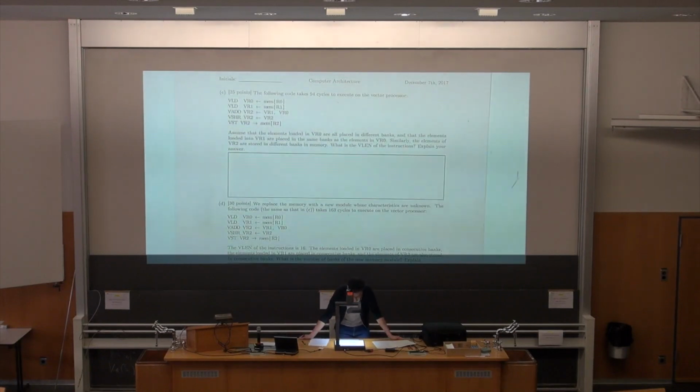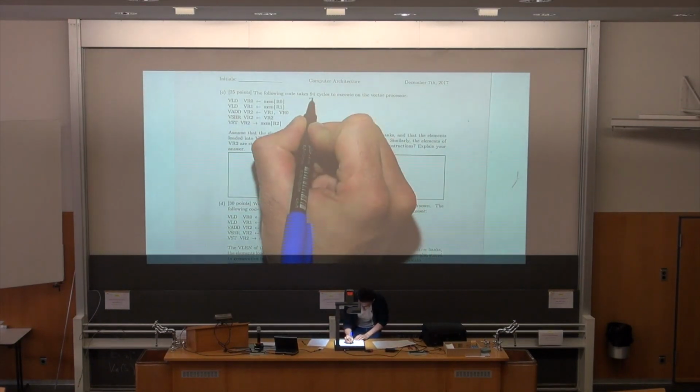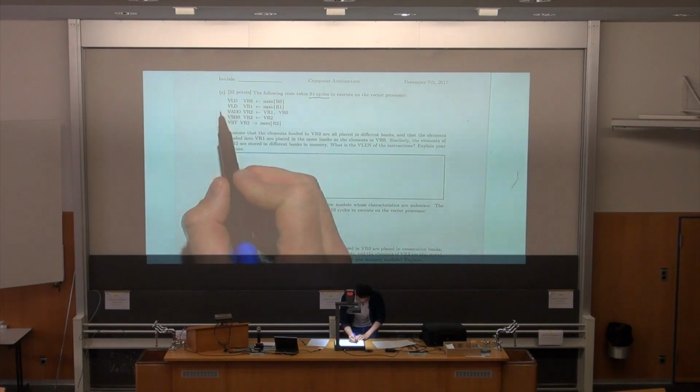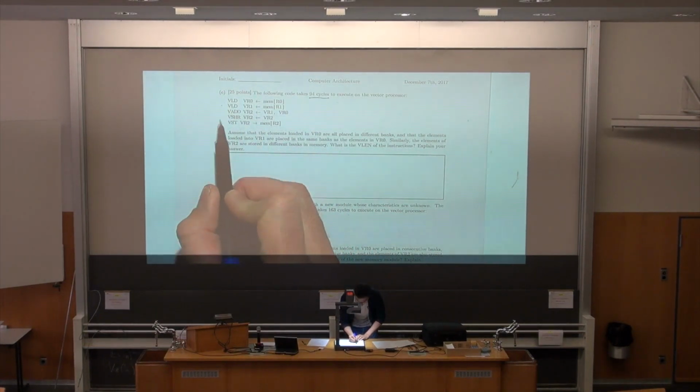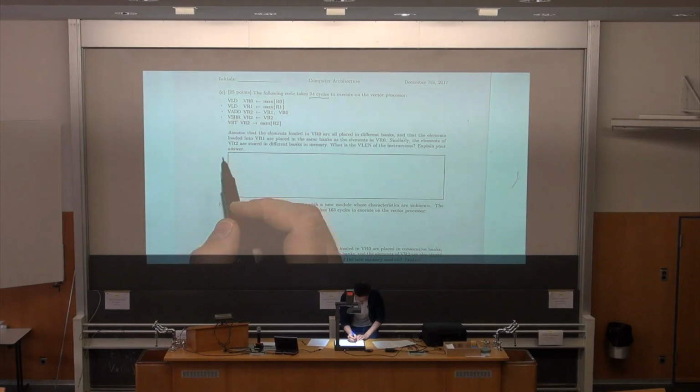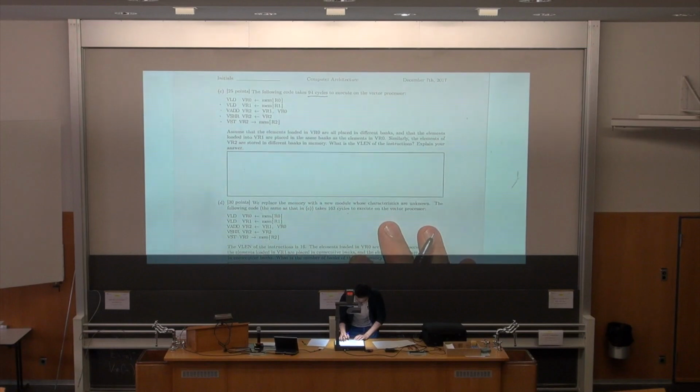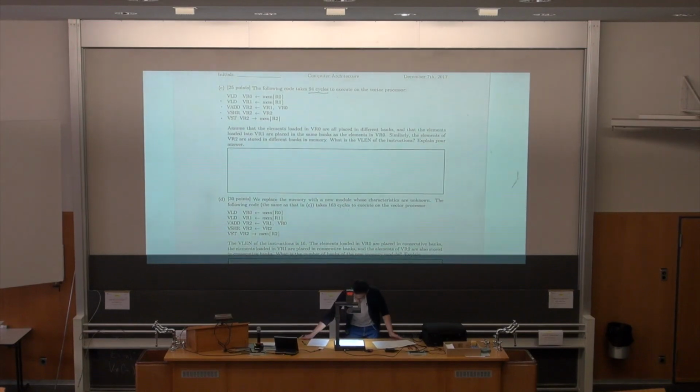It says the following code takes 94 cycles to execute on the vector processor. We are again working with the vector processor. This is our code. We have 2 consecutive vector loads. Then we have 1 vector add, 1 shift right, and 1 vector store. Assume that all the elements loaded in VR0 are placed in different banks.